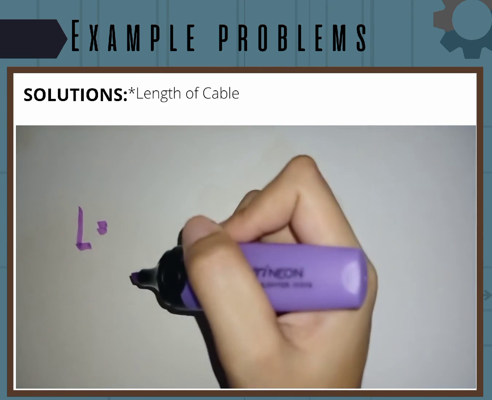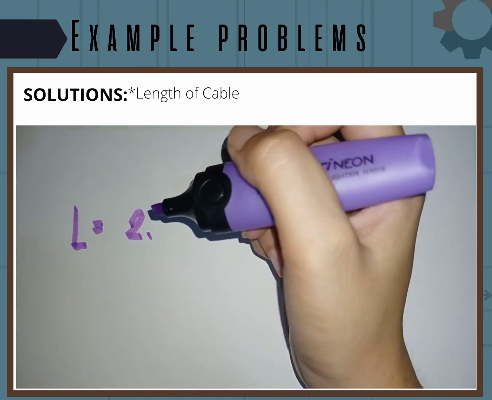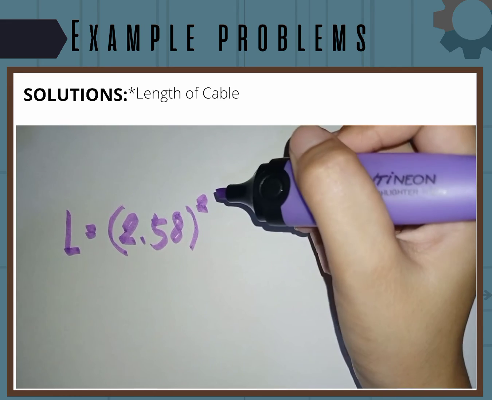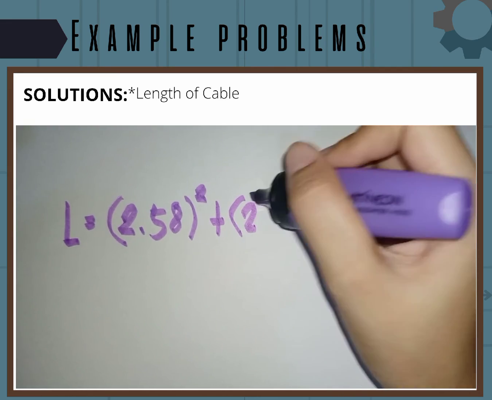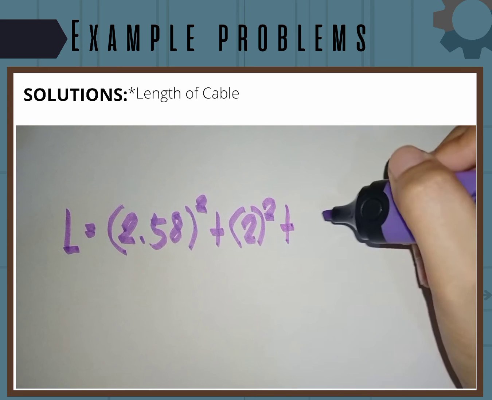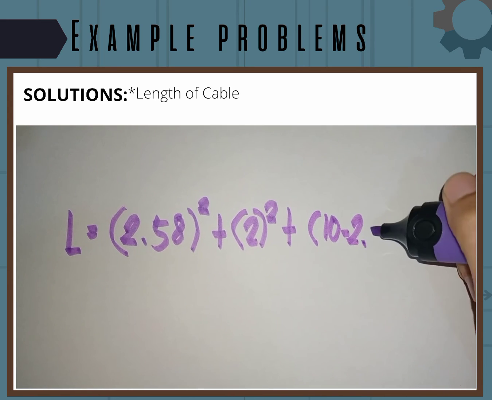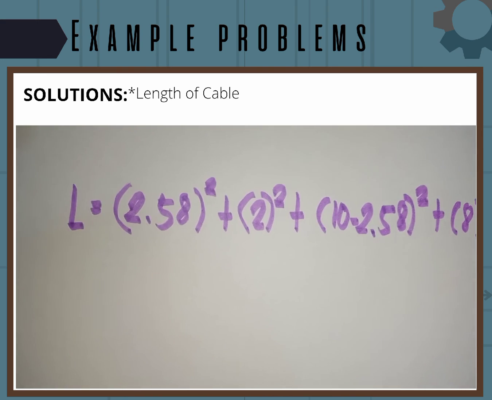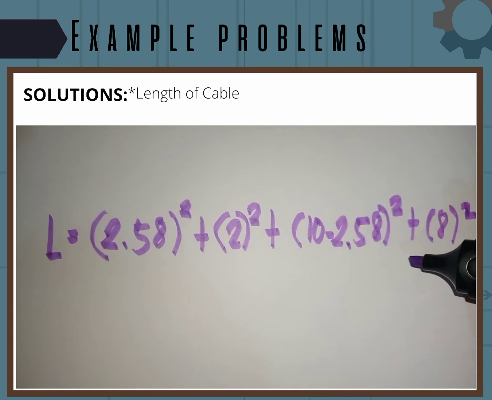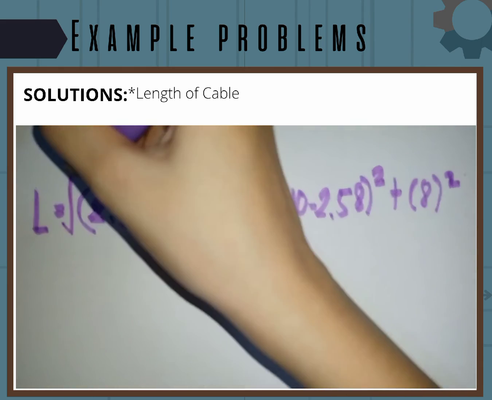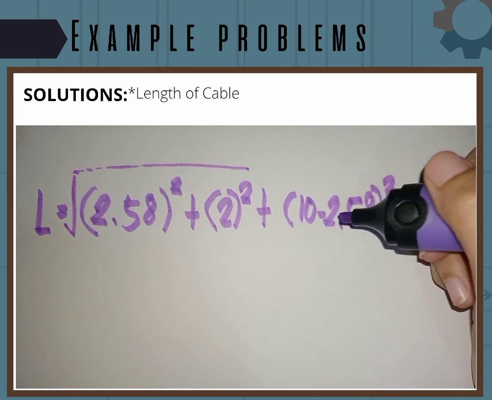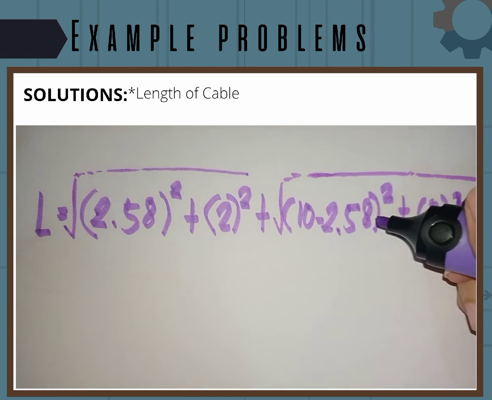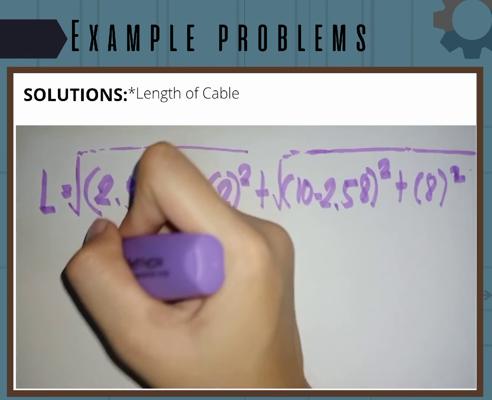So now we have to solve for the length of cable by using the Pythagorean theorem. Square root of 2.58 squared plus 2 squared, plus square root of 10 minus 2.58 squared plus 8 squared, plus square root of 10 squared plus 3 squared.